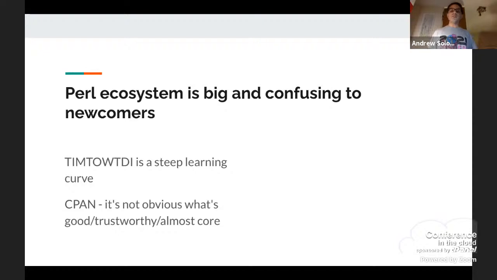The Perl ecosystem is big and confusing to newcomers. That's a fact. No one can deny it. Our culture, which people love, is Tim Toady. For anyone who's a beginner in this chat, Tim Toady stands for there is more than one way to do it. That's sort of like a defining principle of the Perl community.